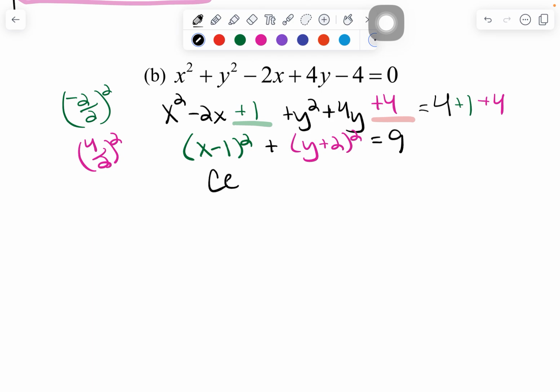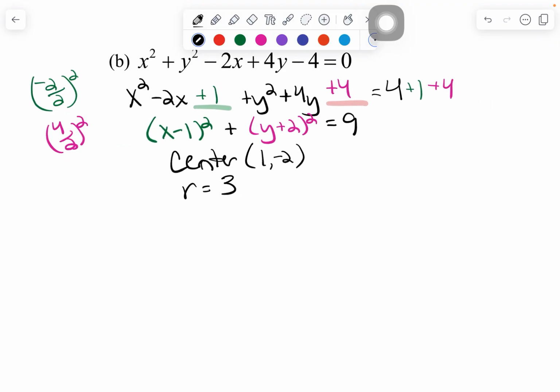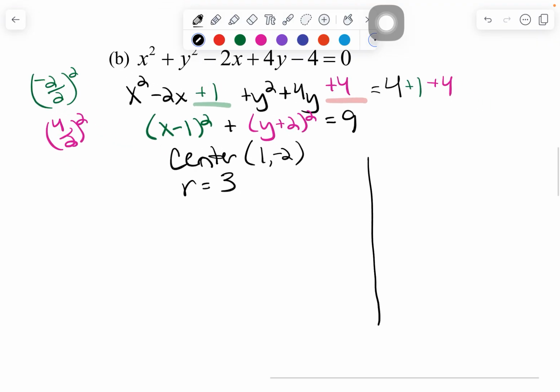So after all this work, we have, write the word center. There we go, center at 1, -2, and your radius is 3. So quick sketch. All right. Good enough. 1, 2, 3, 4, 5, 6, 7. 4, 5, 6, 7.